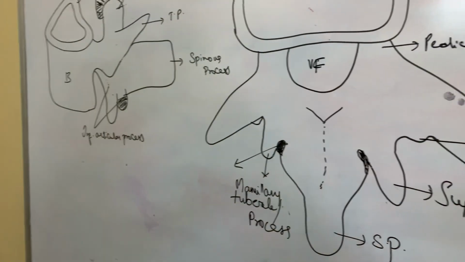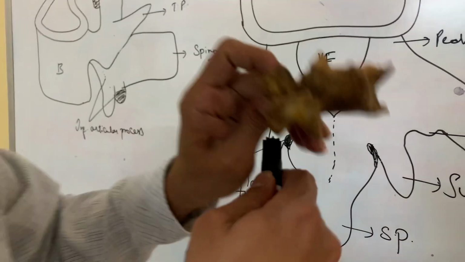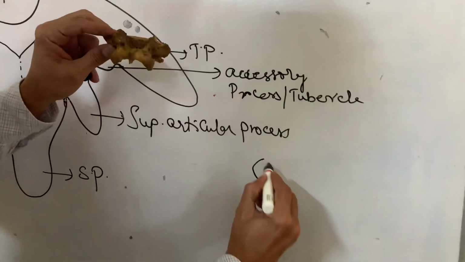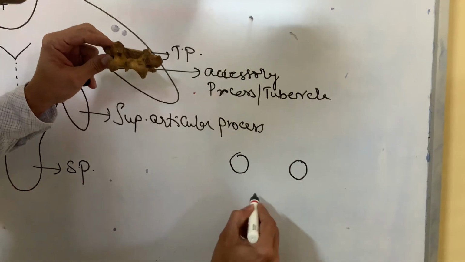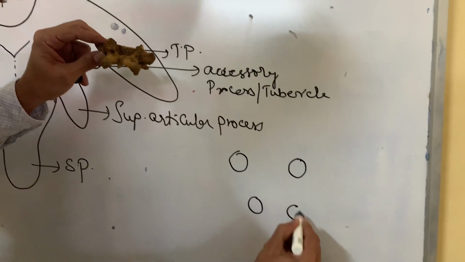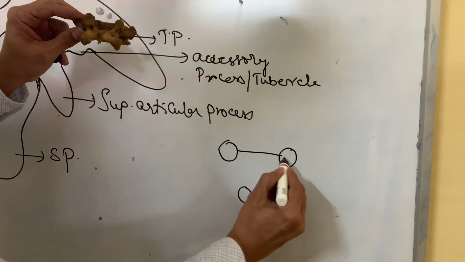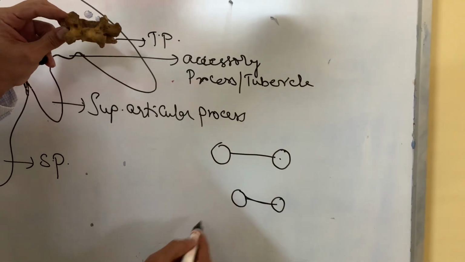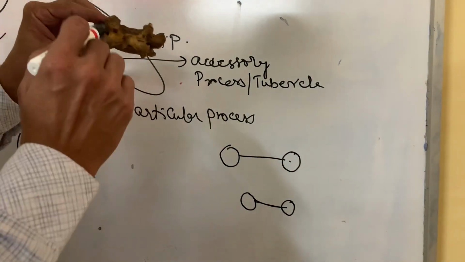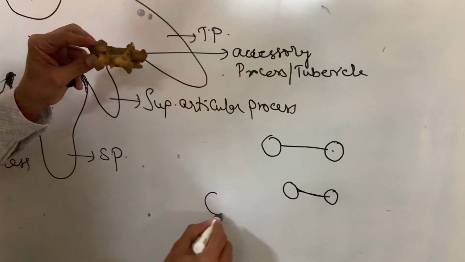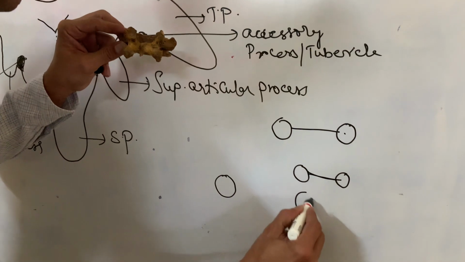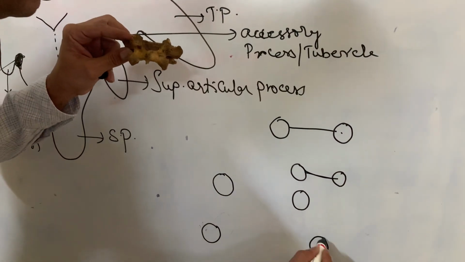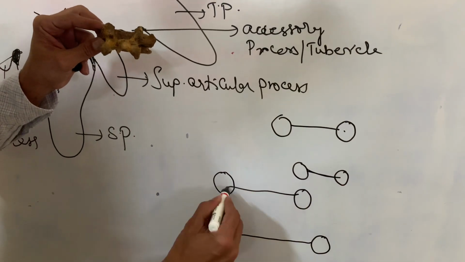Looking at the atypical lumbar vertebra, the first difference is that in a typical lumbar vertebra, the distance between the two superior articular facets is more than the distance between the two inferior articular facets. Whereas in the fifth lumbar vertebra, the distance between the two superior articular facets is less than the distance between the two inferior articular facets. So it is like this.